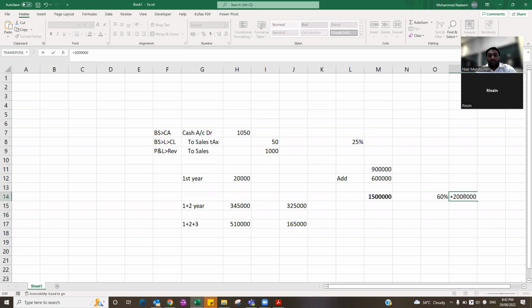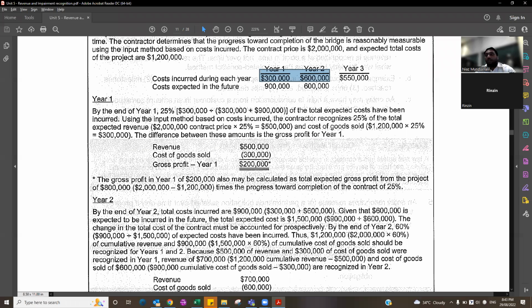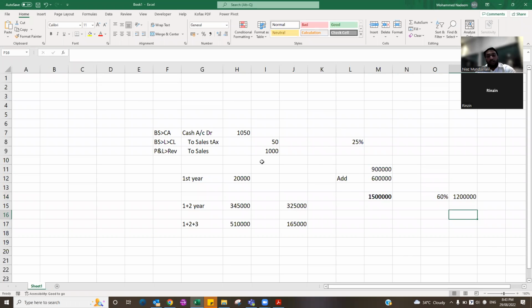Of the 2 million, 60% he should recognize as revenue. Out of this, how much has he already recognized? In the first year, he recognized 500,000, right? Now he can recognize only the balance. So this minus 500,000 will give you 700,000.